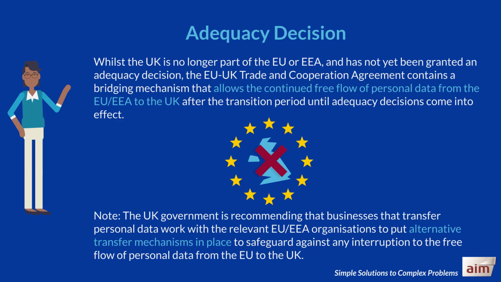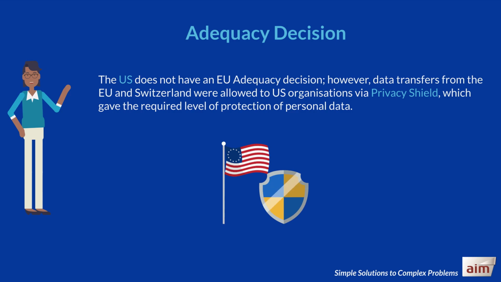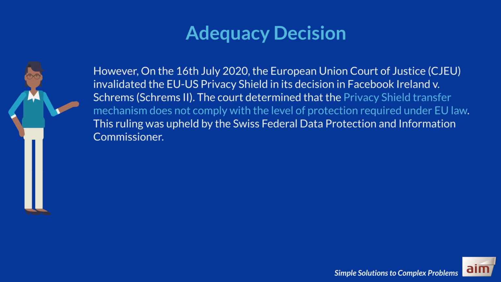The US does not have an EU adequacy decision, however, data transfers from the EU and Switzerland were allowed to US organizations via Privacy Shield, which gave the required level of protection of personal data. However, on the 16th of July 2020, the European Union Court of Justice invalidated the EU-US Privacy Shield in its decision in Facebook Ireland versus Schrems.